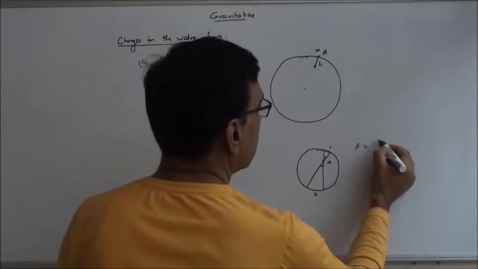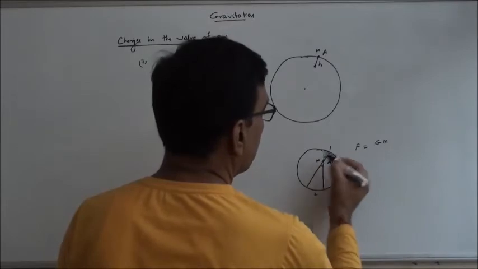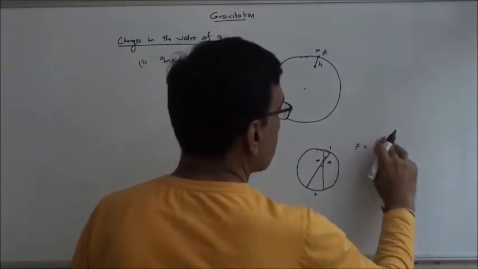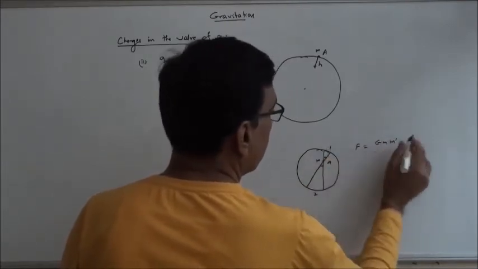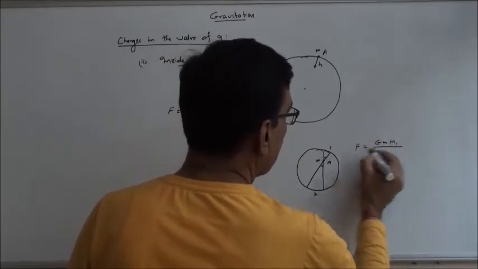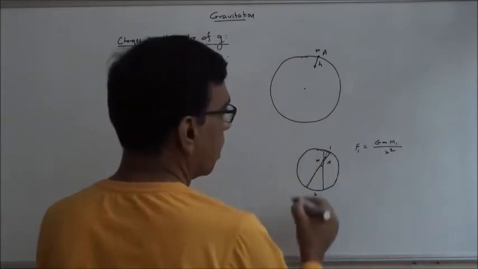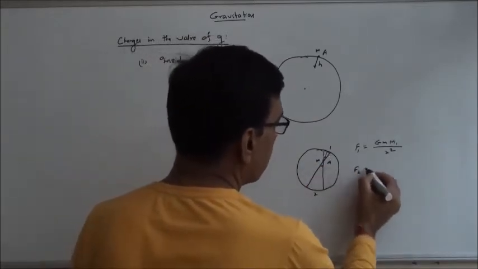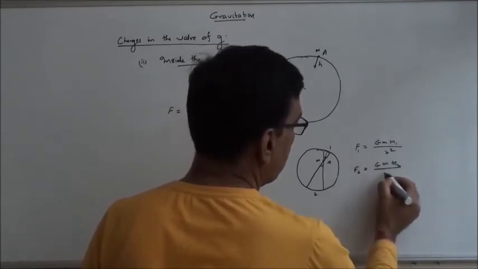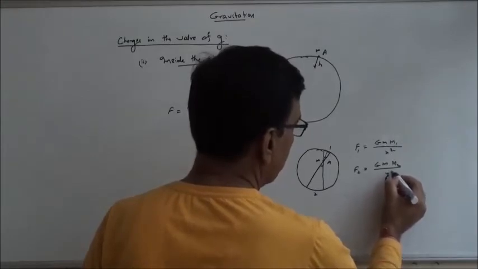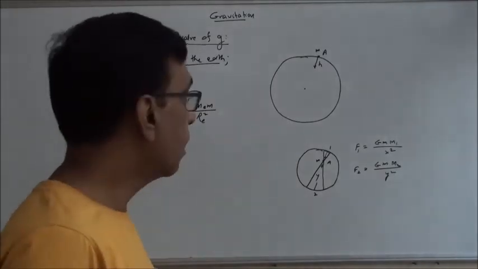And if I calculate the force due to part 1 and part 2, the force due to part 1 is G m M1 upon this distance, let it be x, so x square. This is the force due to part 1. Force due to part 2 is G m M2 upon, let it be y square, right?